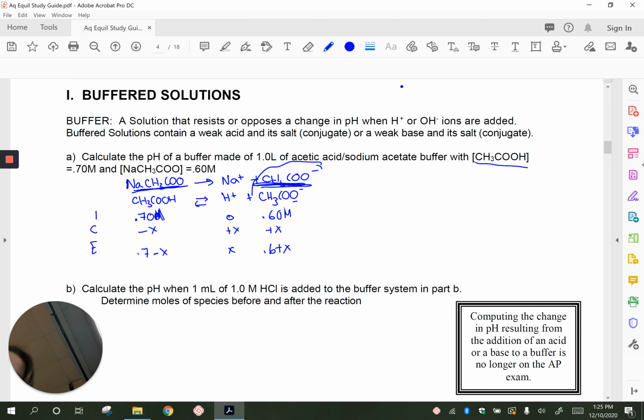So then I write my K expression for my acid. It is the concentration of the H plus times the acetate ion over the acetic acid.